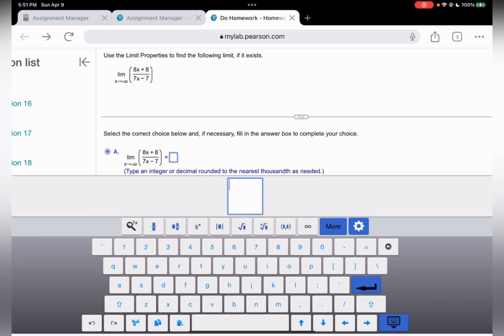The decimal digit is rounded to the nearest thousandth, so we need practically 3 digits. And it's going to be 1.143. I'm rounding because 8 is following there. 143. Oops.